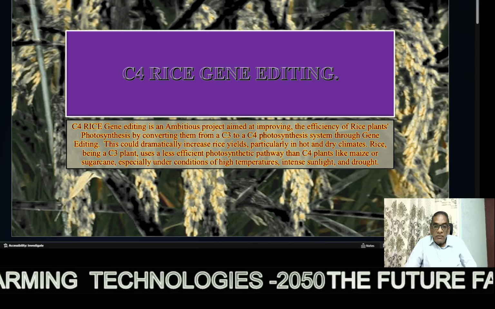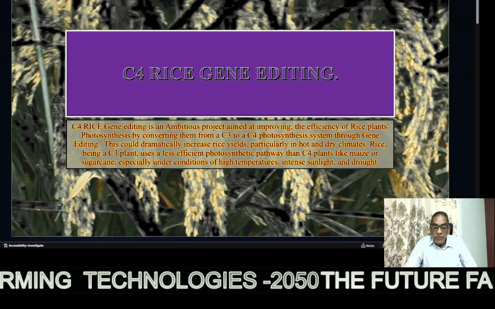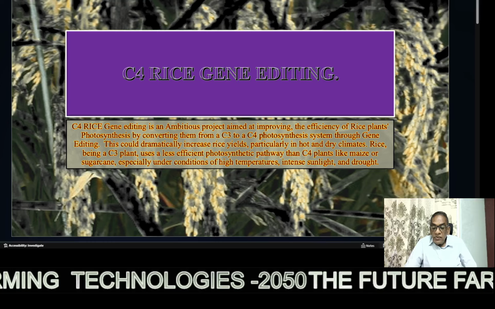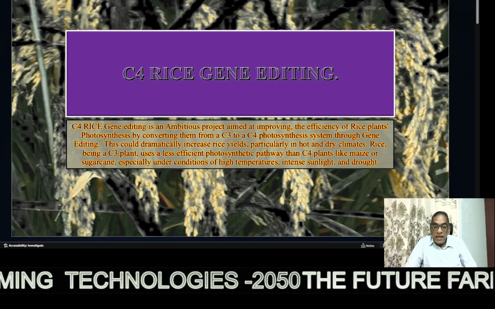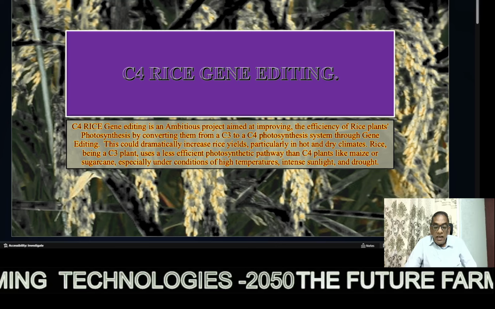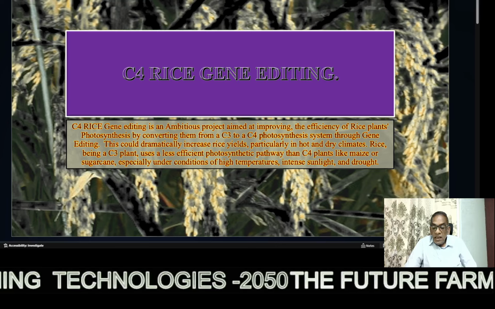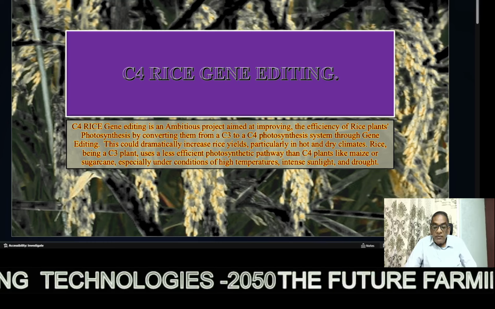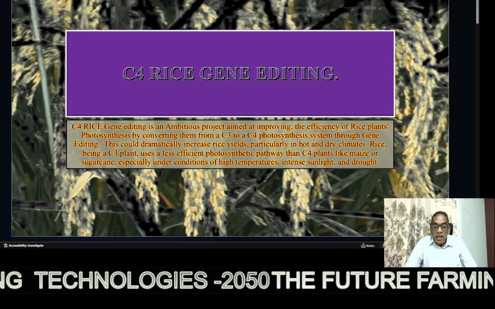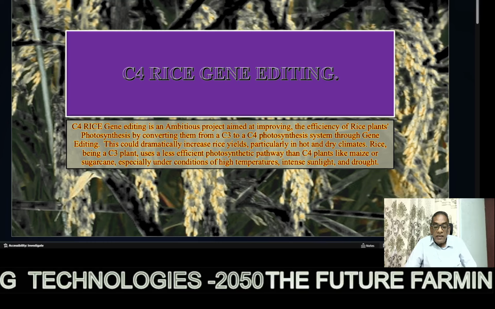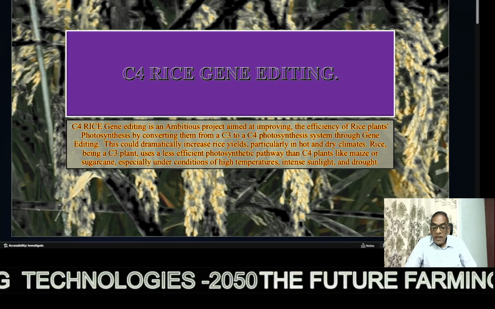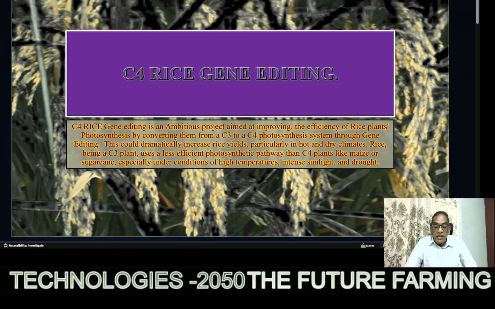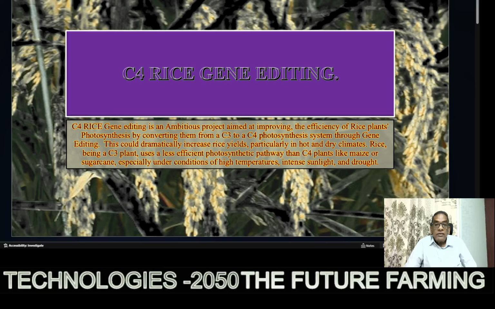What are the benefits of converting to a C4 pathway? This could dramatically increase rice yields, particularly in hot and dry climates. Rice, being a C3 plant, uses a less efficient photosynthetic pathway than C4 plants like maize or sugarcane, especially under conditions of high temperature, intense sunlight, and drought.